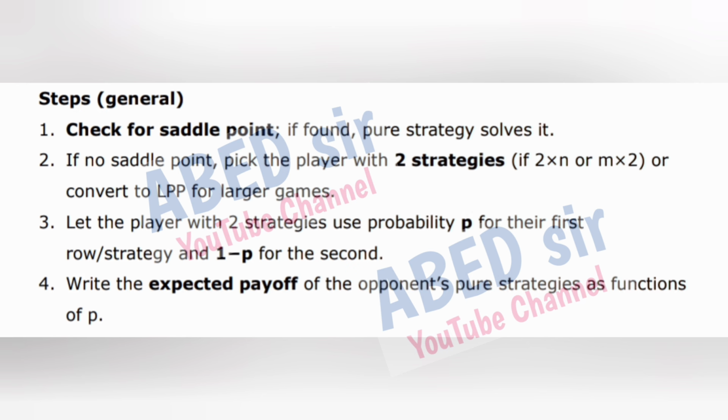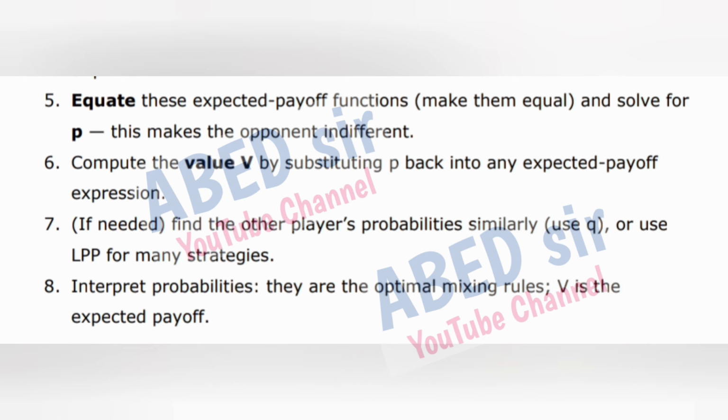Let the player with 2 strategies use probability P for their first row strategy and 1-P for the second. 4. Write the expected payoff of the opponent's pure strategies as functions of P. 5. Equate these expected payoff functions and solve for P. This makes the opponent indifferent.